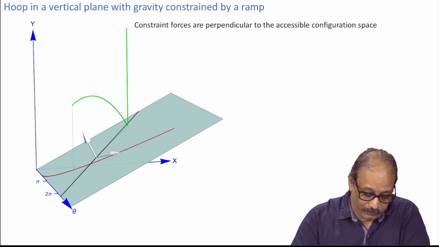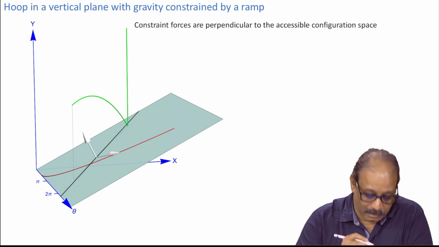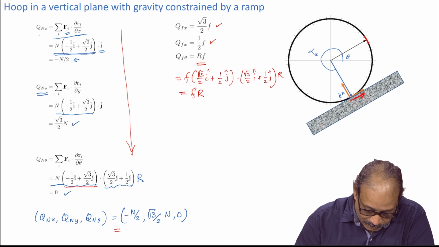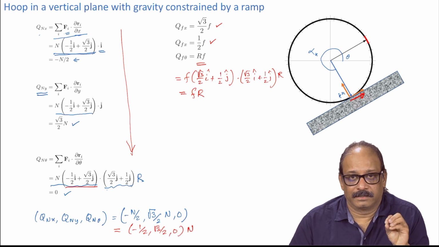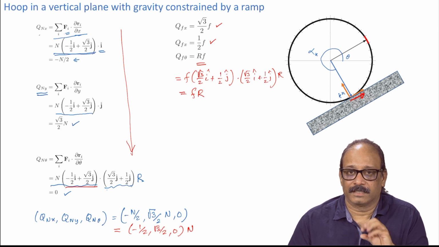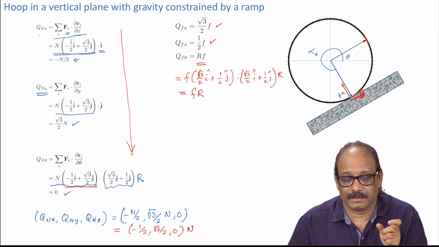So, the first case, remember, look back at these equations. Here I can also write this as minus half, root 3 by 2, comma 0, into n. The direction of this force in configuration space is fixed, only the magnitude changes.